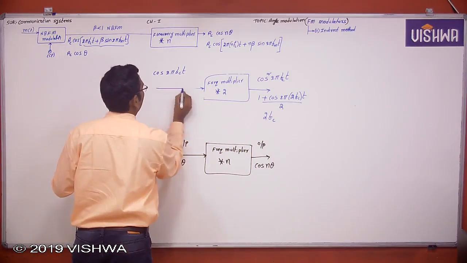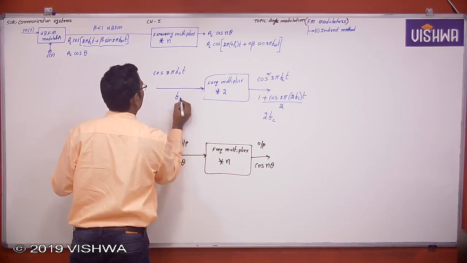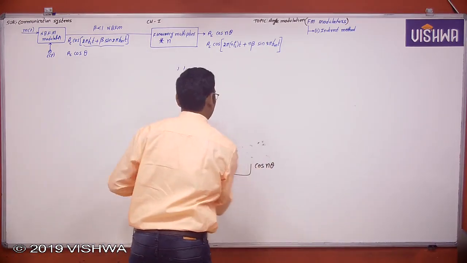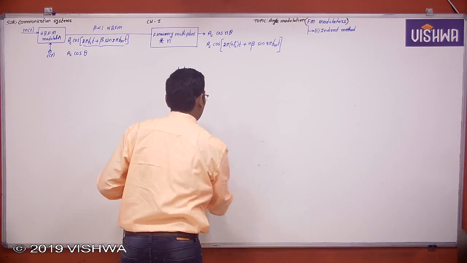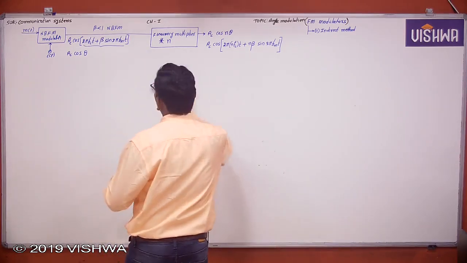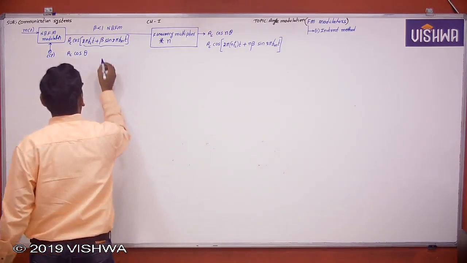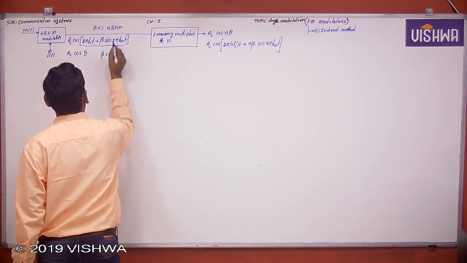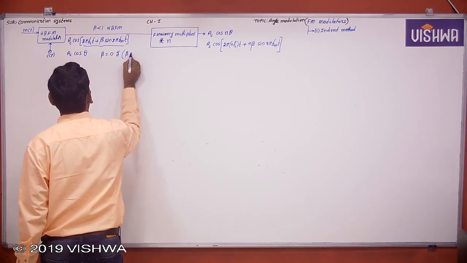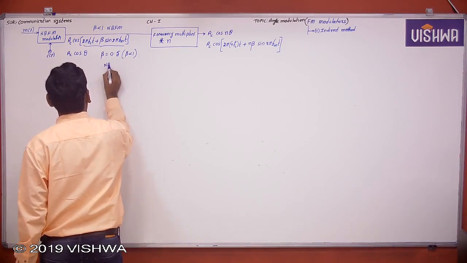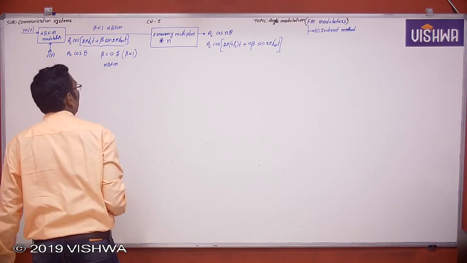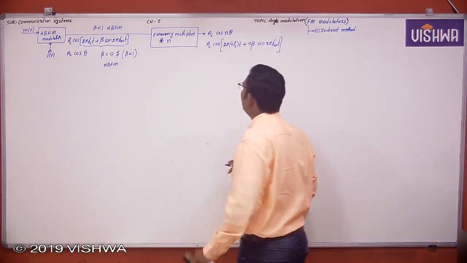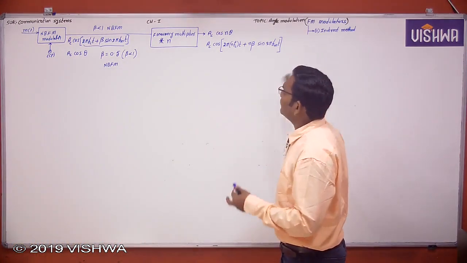First note this down. Let us assume, for example, beta here is 0.5, narrow band FM because beta is less than 1. Now this beta is increased by n times, n beta.